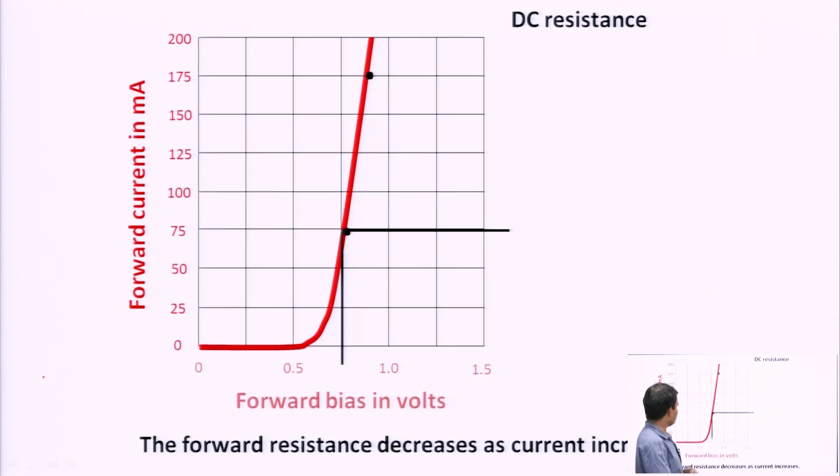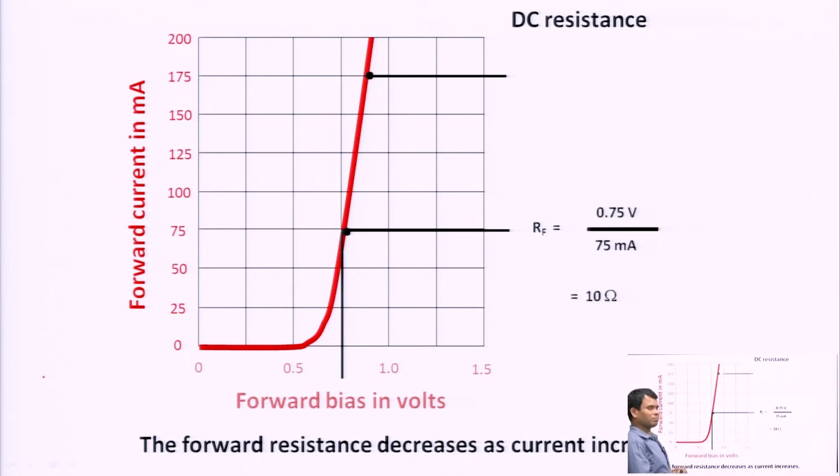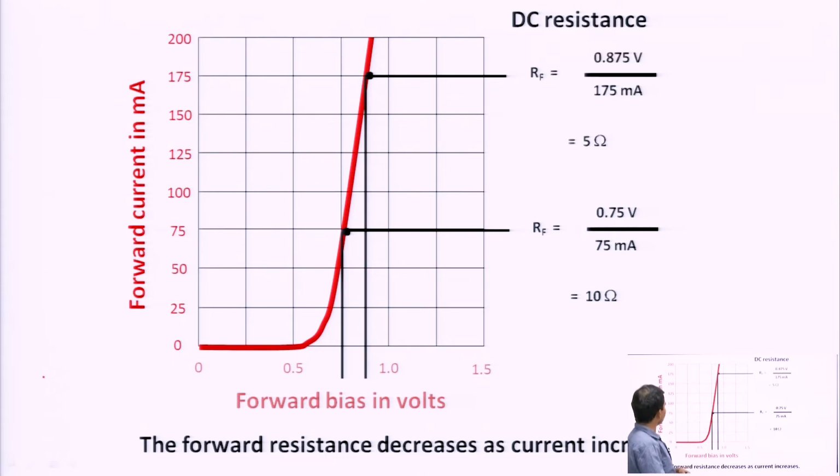This is the p-n junction graph. Here you can see the forward characteristics of the p-n junction diode. Suppose this is the operating point, the Q point. If we want to know the static or DC resistance, what should we do?